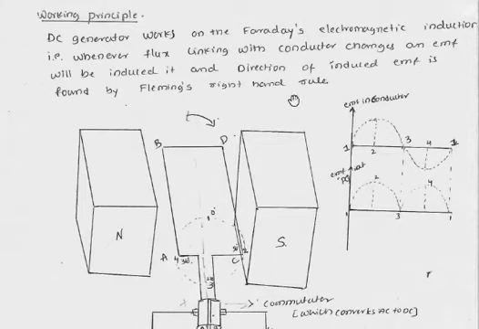Applying Fleming's right hand rule, we can find out which direction the EMF is induced, or in other words which is the positive polarity and which is the negative polarity, and we will come to know the direction of the current. It will always go from positive polarity to the negative polarity.